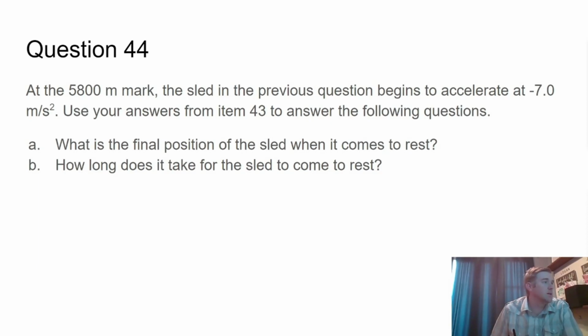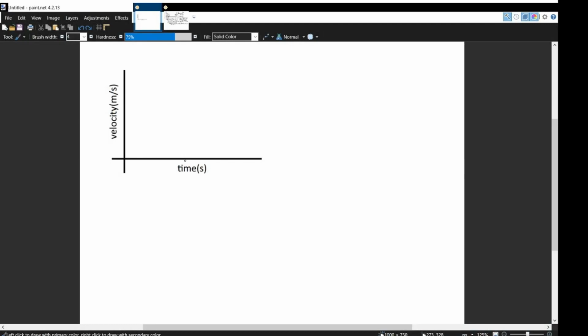So let's visualize this a little bit, and I'll remind you of the previous question. On the velocity versus time graph, you had the sled come up here and then go over. This was T1, if you remember right. At this point, we marked that as the change in X1, and then this mark was the change in X2.